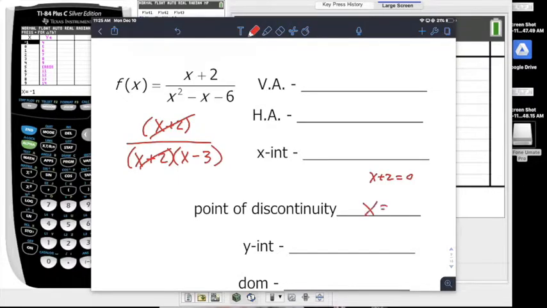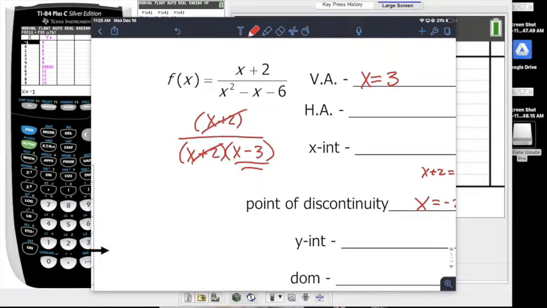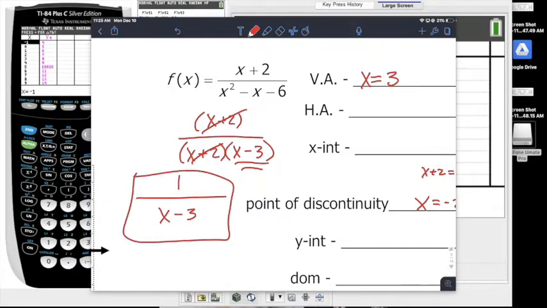So that means there's a point of discontinuity at x equals -2. So the vertical asymptote's the other one that doesn't cancel out here. That's going to be at x equals 3. When you simplify the function, it's going to be 1 over x minus 3. And you have to simplify it to find one of these points in a second.